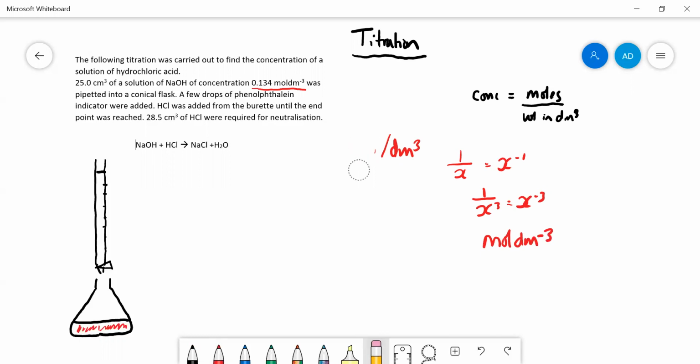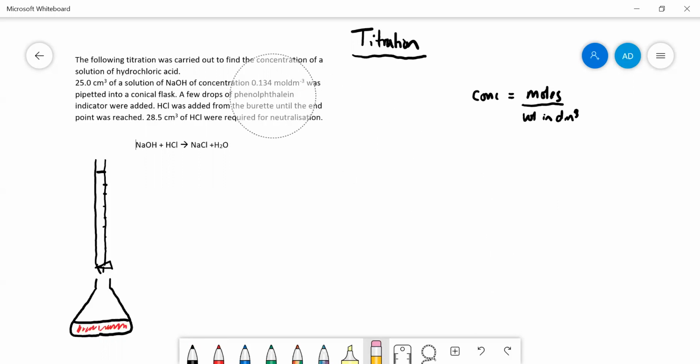Okay, so anyway, we've got the equation for the reaction. You always need the equation here. So what we're doing, if you read the question, you've got sodium hydroxide, which has been placed into the conical flask, and we know the concentration of that.